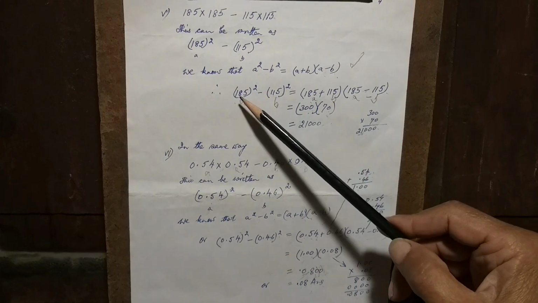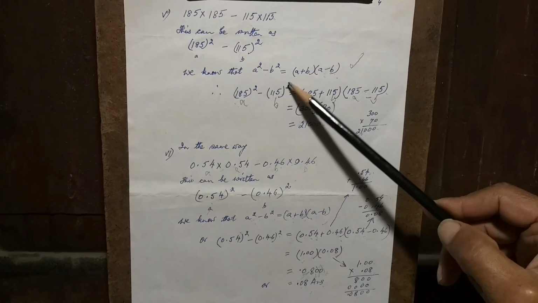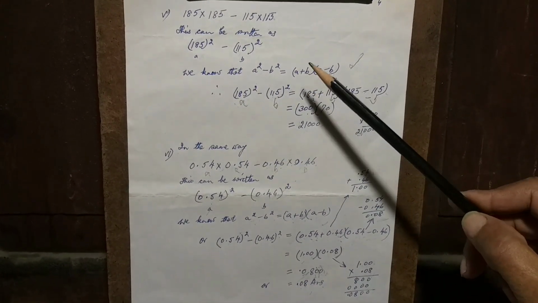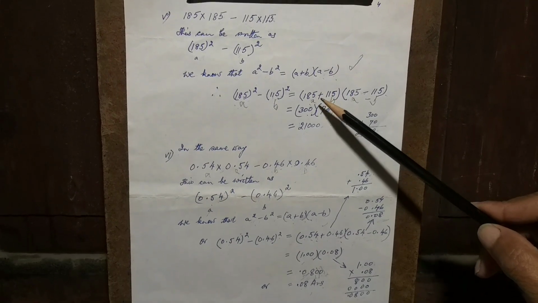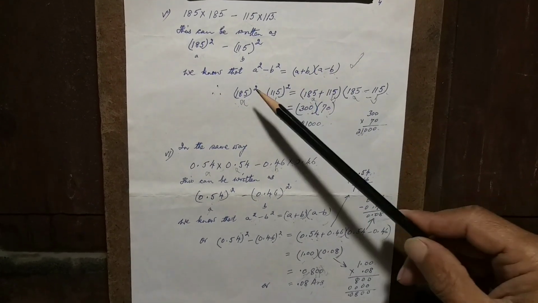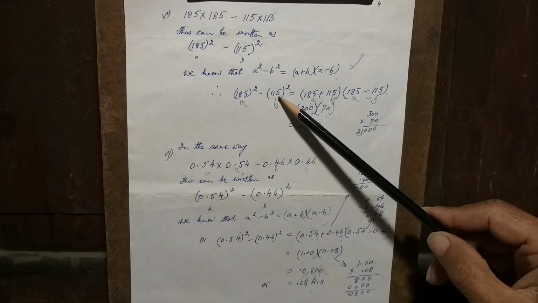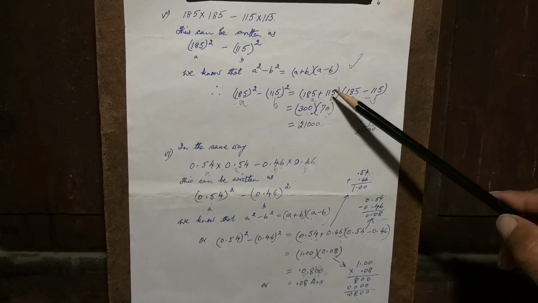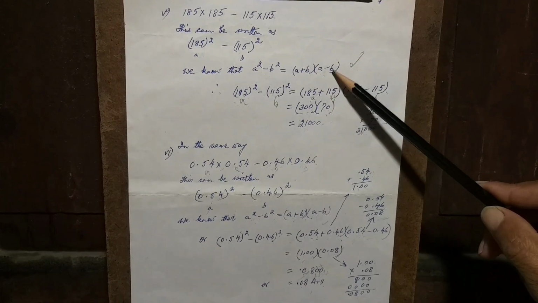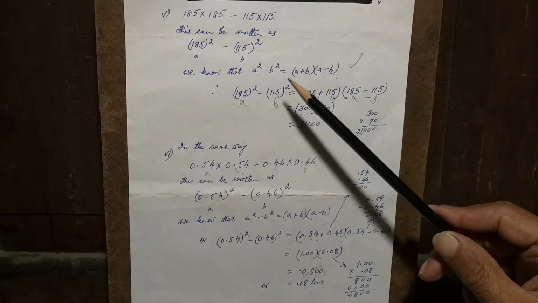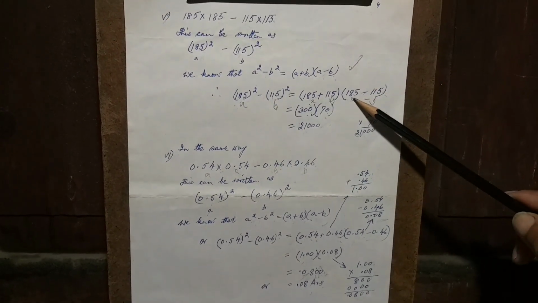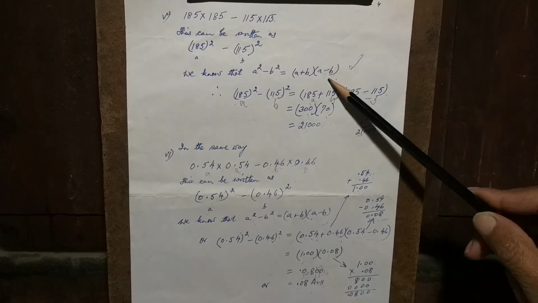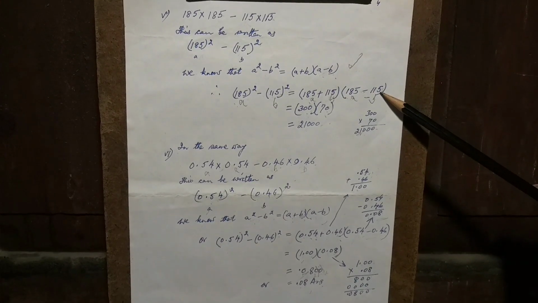185 whole square minus 115 whole square will give us 185 plus 115. 185 is a and this is b, 115. A plus b, 185 plus 115. And this is a minus b, and a is 185, so 185 minus b, and b is 115.